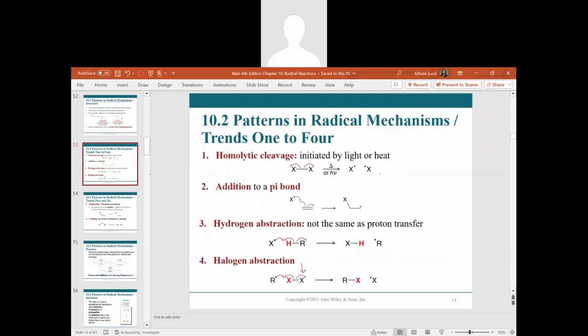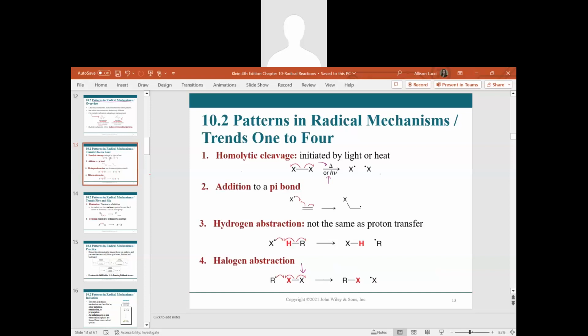Our first pattern is that of homolytic cleavage. This can be initiated by heat. So we see this triangle, this delta on top of our arrow, that indicates heat can be the initiation for this homolytic cleavage, or on the bottom, that arrow that I just drew there indicates light, the h nu.